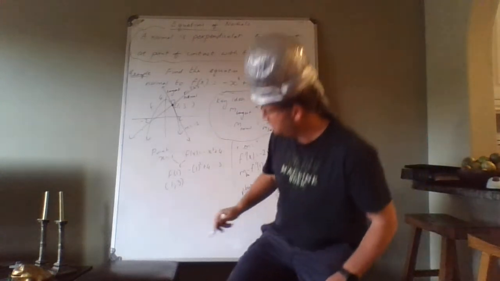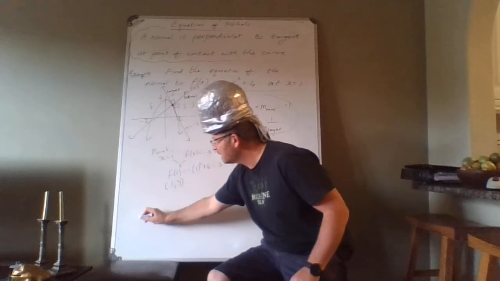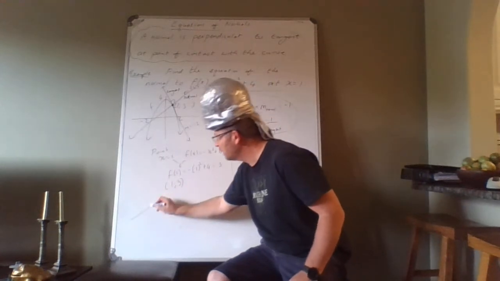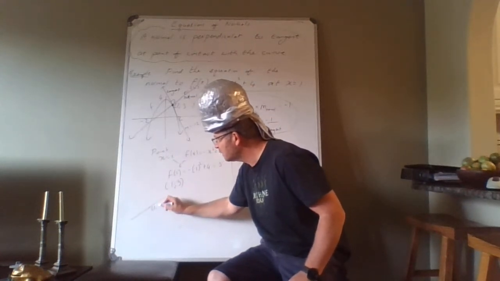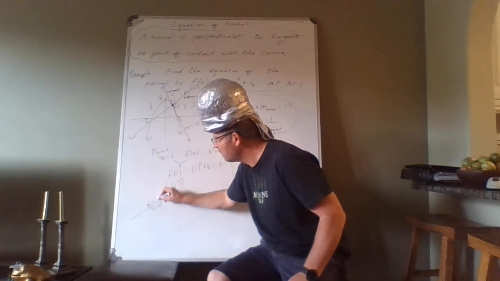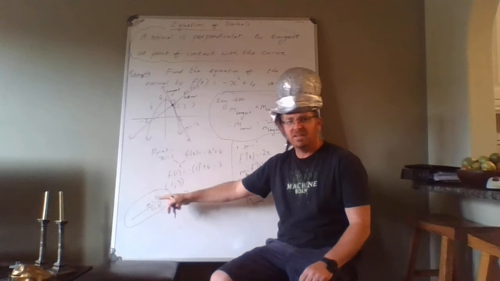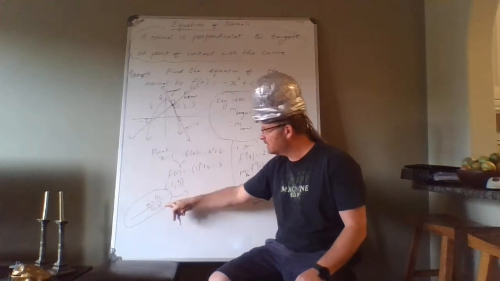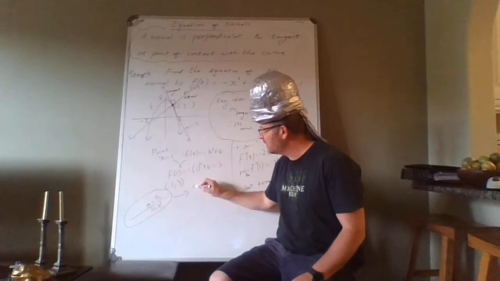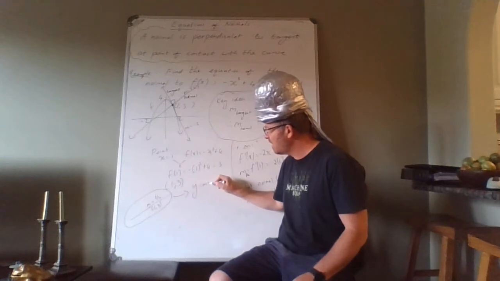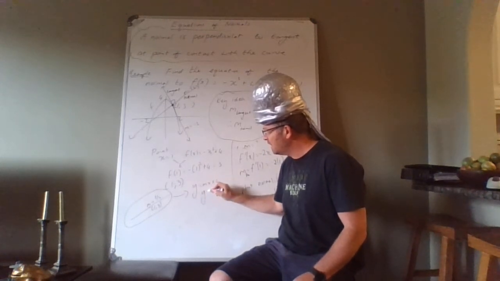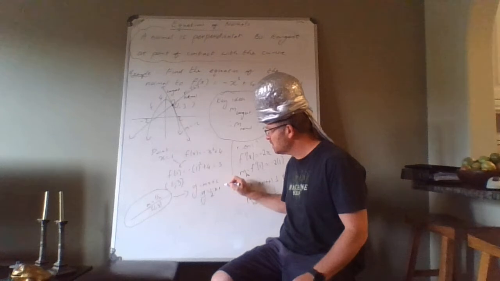So what do I know about this line I'm looking for? It goes through the point (1, 3). This is the normal, and it's got a gradient of a half. So the question is, find the equation of the line that has a gradient of a half and goes through the point (1, 3). If I use y is equal to mx plus c, I've got y is equal to a half x plus c.